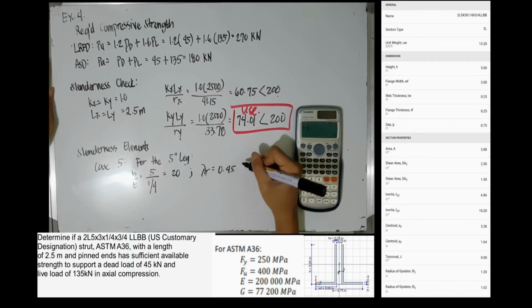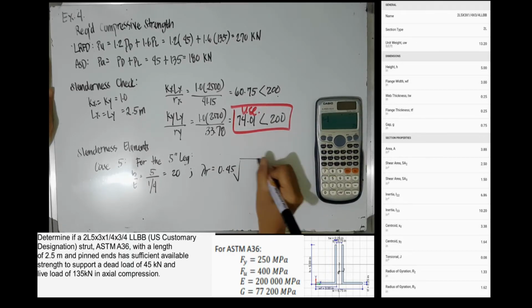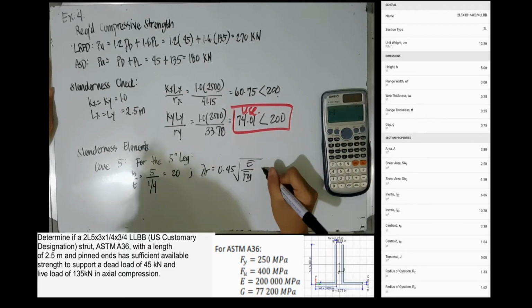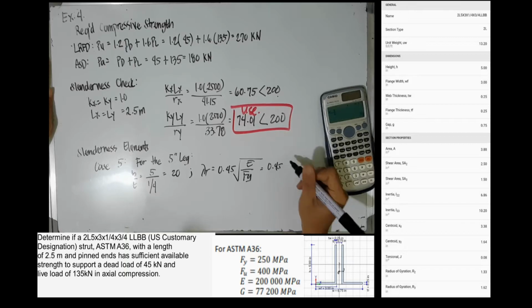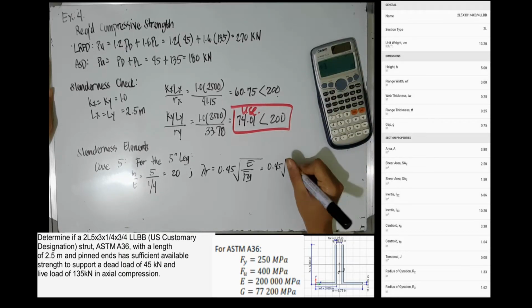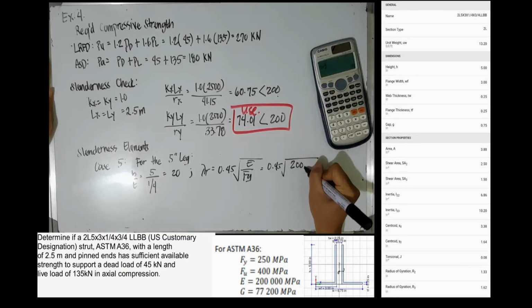And for the slenderness parameter, our E is 200,000 megapascal and Fy is 250 megapascal.